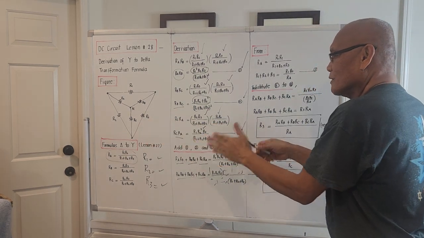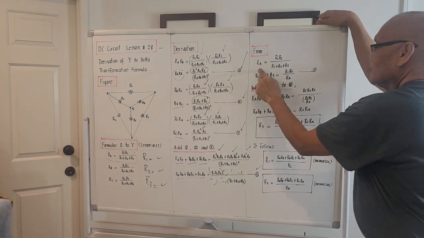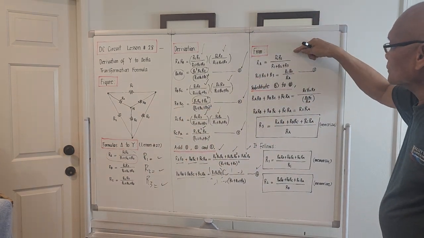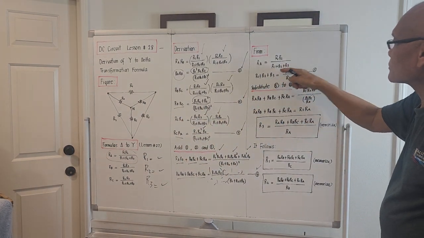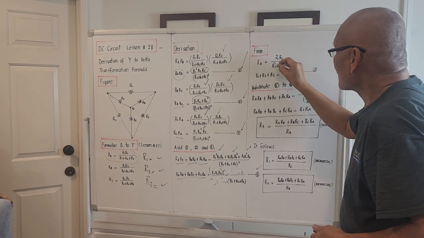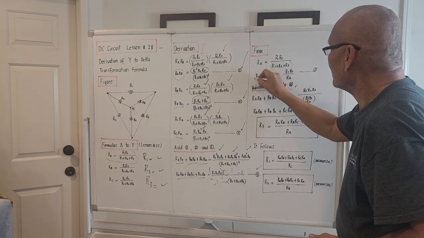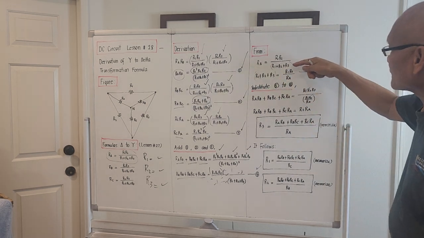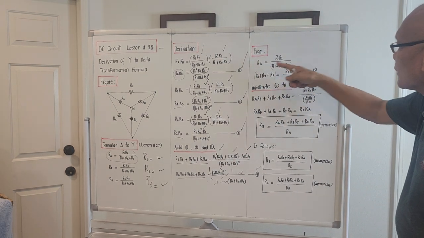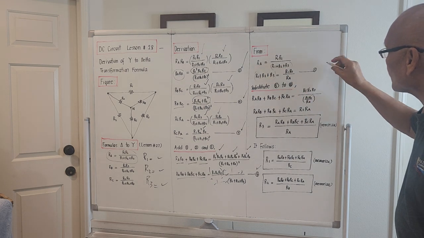So if we try to take another relation, we will still be getting it from this. RA is actually the product R1, R2 all over the summation R1 plus R2 plus R3. And if we try to compute for the summation R1 plus R2 plus R3, I put it on the left-hand side. It will now be equal to the product R1, R2. Okay, I will divide this one by RA, so it will become R1, R2 over RA. We call this equation number 5.